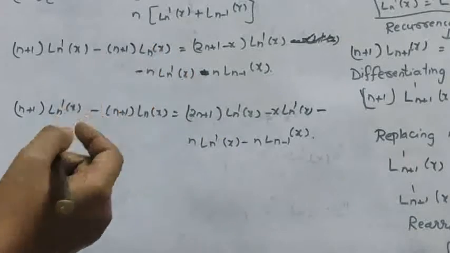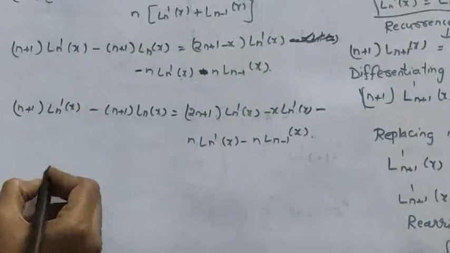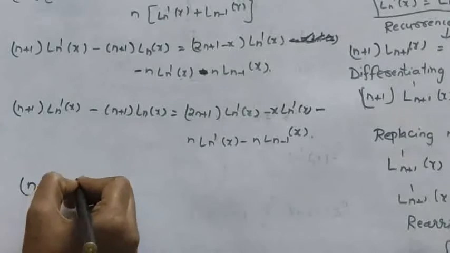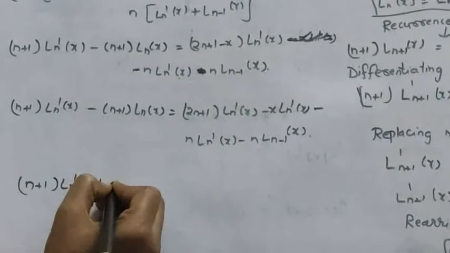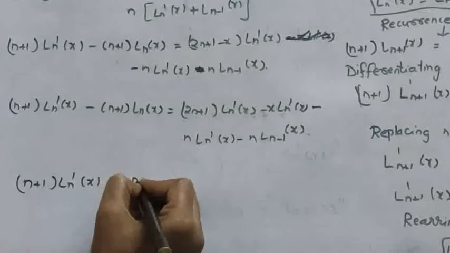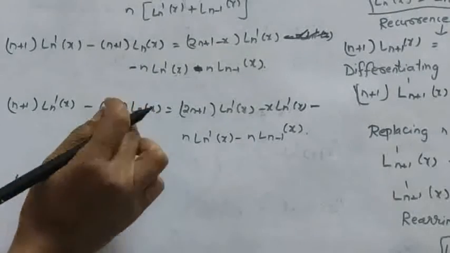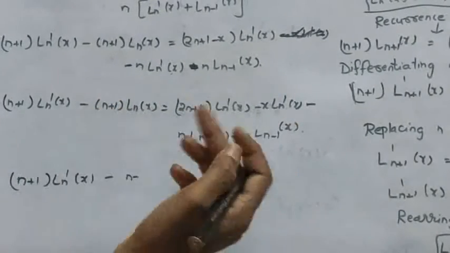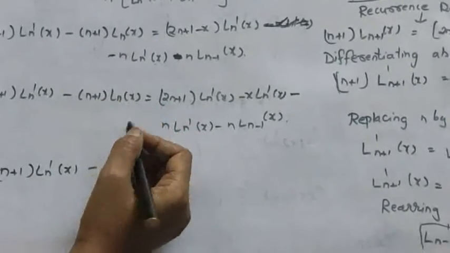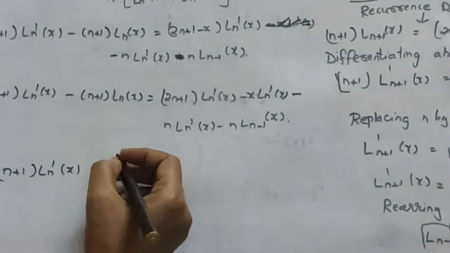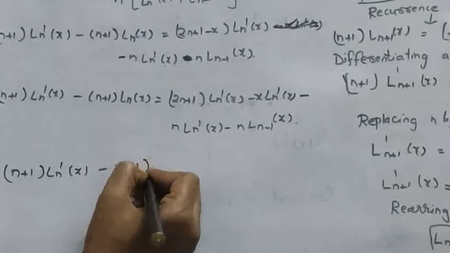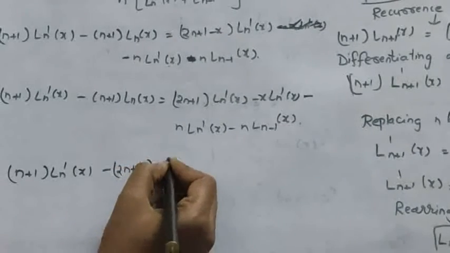So initially I am going to write the first one, that is n plus 1 of ln dash of x minus, and as I have said that this term will be sent to that side, so I am bringing this term to the LHS. As it is a plus term, it becomes minus term: minus 2n plus 1 ln dash of x.